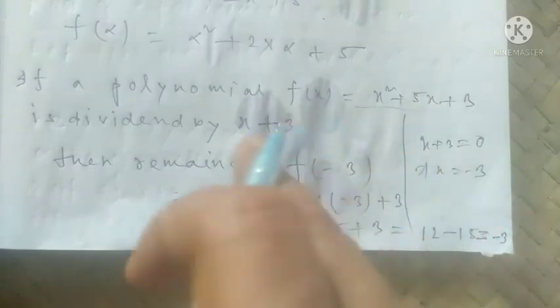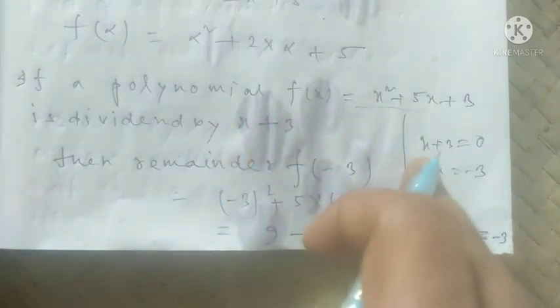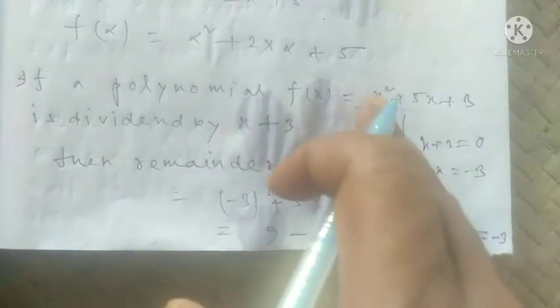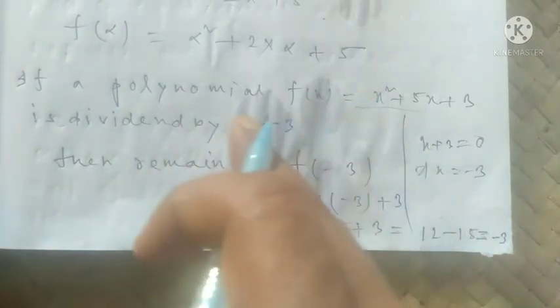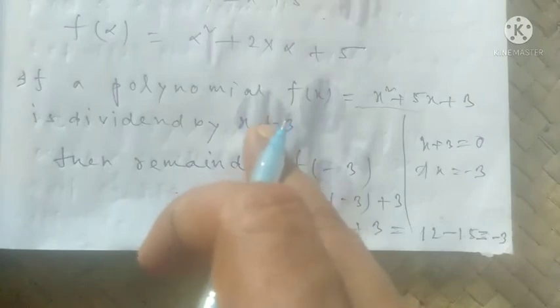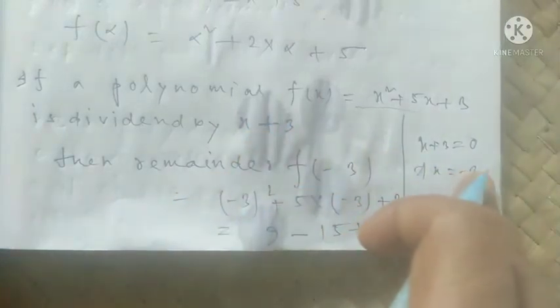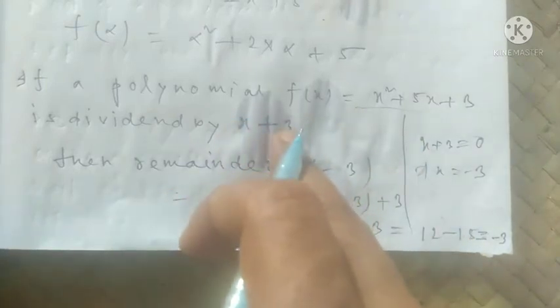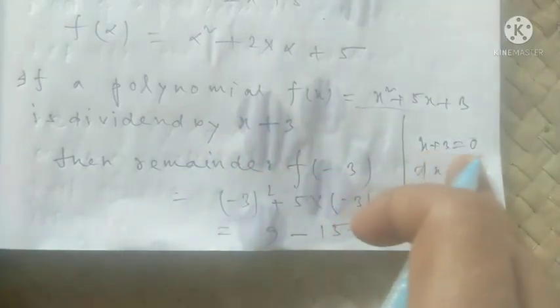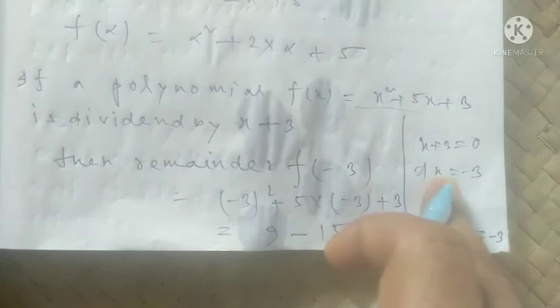This is the best trick to solve for the remainder using the remainder theorem. You have to pick up the divisor. So x plus 3 is the divisor, so you write x plus 3 equal to 0, and after that x equal to minus 3.